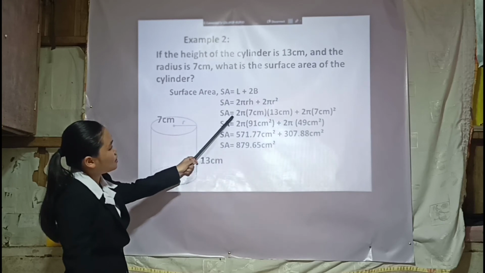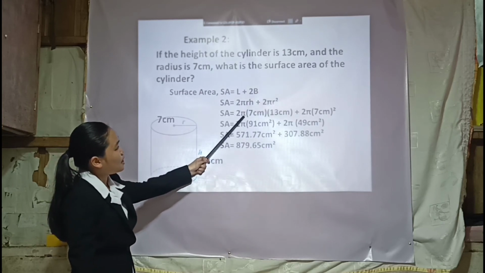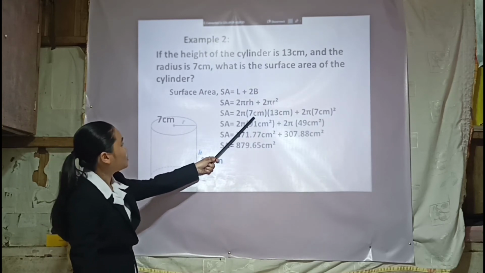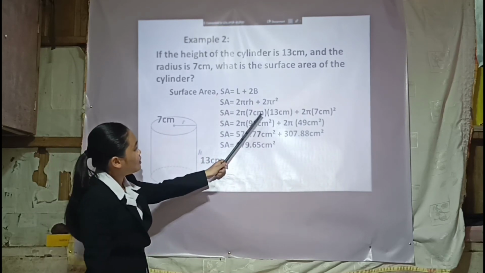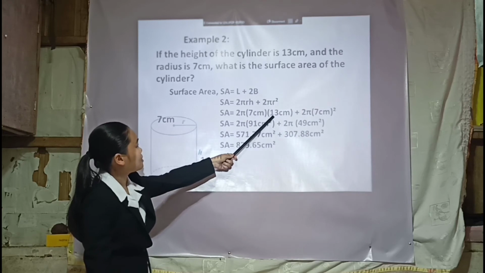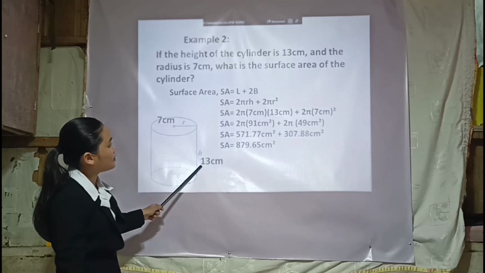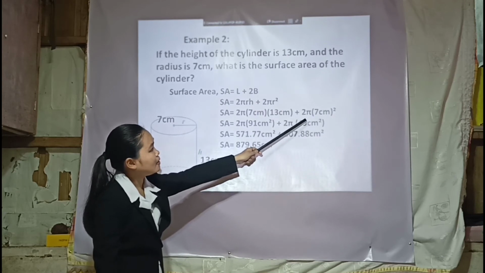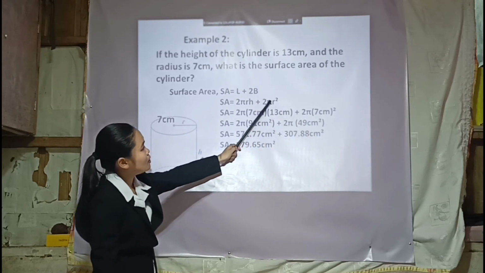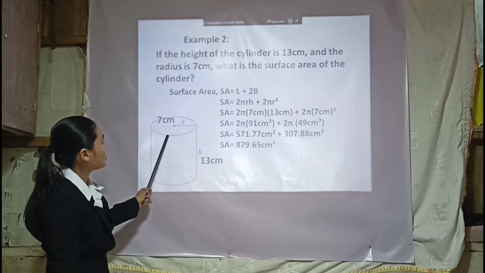Surface area equals 2 times pi times 7, which is the value of radius, times 13 centimeters, which is the value of the height, plus 2 pi times 7 centimeters squared, which is the radius squared.